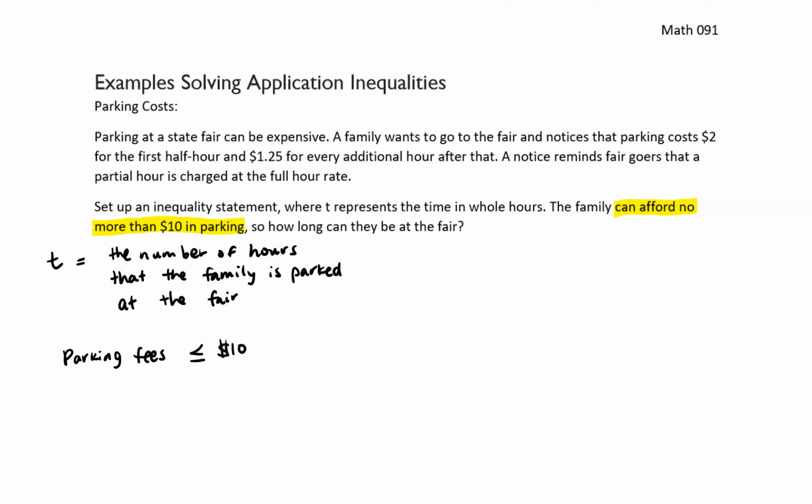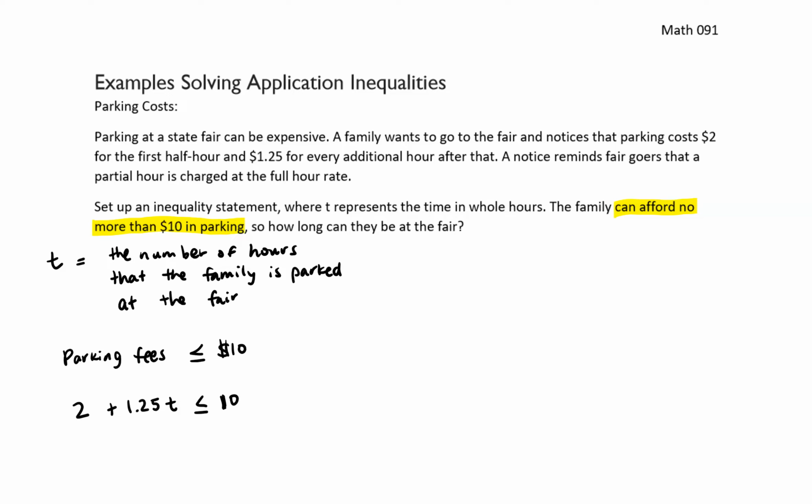So in the line below that, I'm going to rewrite less than or equal to 10. And so we have to come up with an expression that represents the parking costs. Well, we know that the first half hour is going to be $2, and then it's going to be $1.25 for each additional hour there.